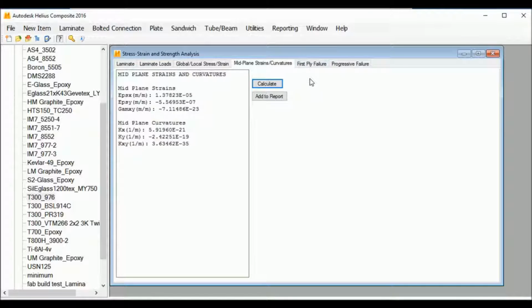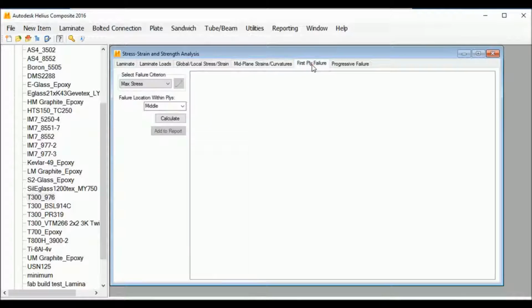So how strong is this laminate? Well, if we go to first ply failure, we can run a calculation depending on which failure criterion we want to use. Maximum stress and strain are relatively simple ones. Psi-Wu, Psi-Hill, Hashin are interactive criteria. These criteria at the bottom rely on quite a deep knowledge of what's happening on a microscale in the material.